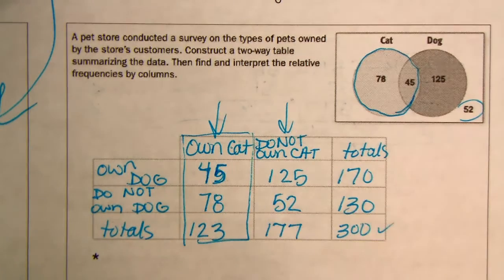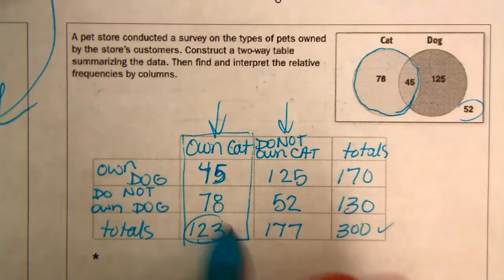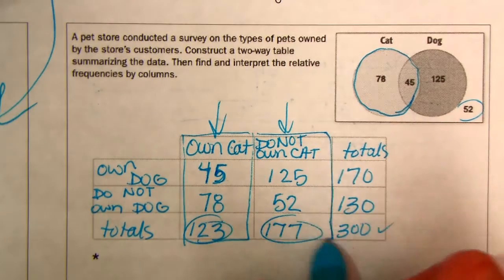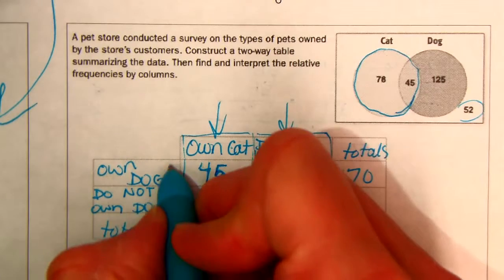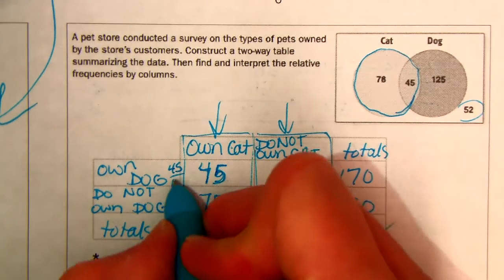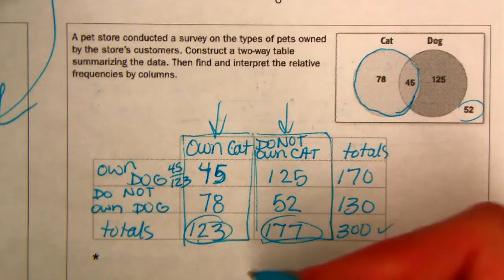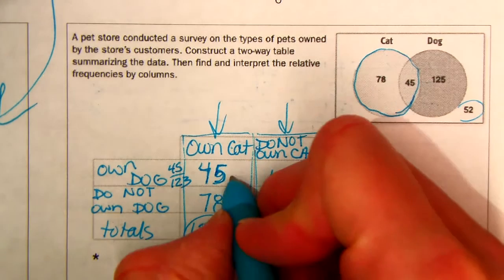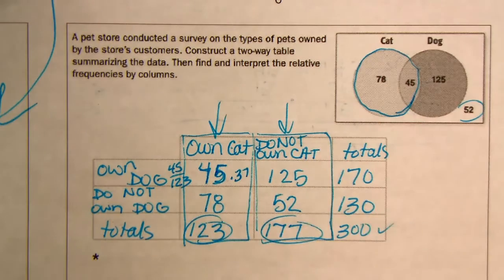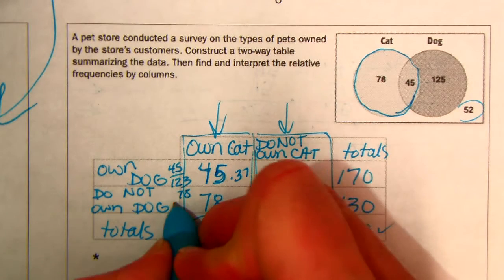So 45 over 123. That gives me 0.365, so I'm just going to make it 0.37. And then 78 divided by 123 gives me 0.63. And do not own a cat?